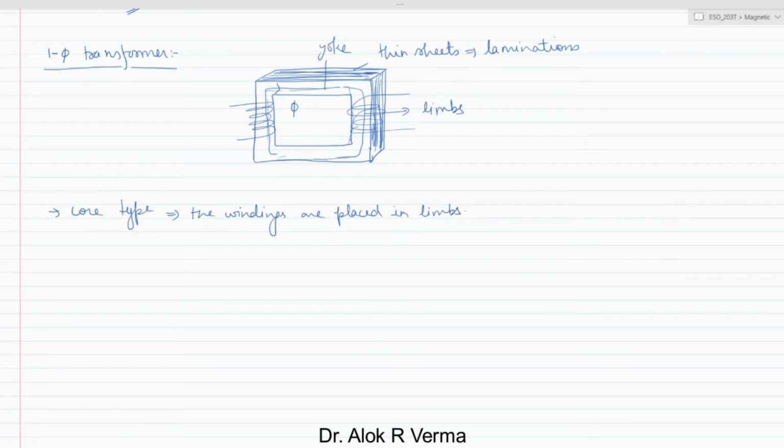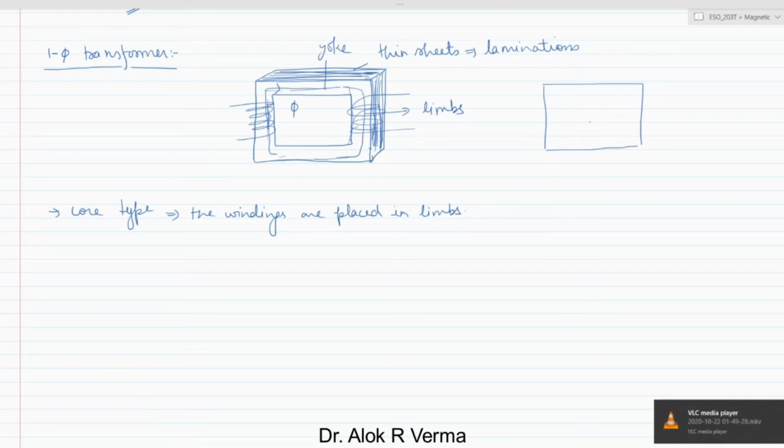And to avoid the insulation, they normally place the low voltage winding close to the core. If you see the cross section, you see some insulation, then there will be one winding, and there will be another winding.